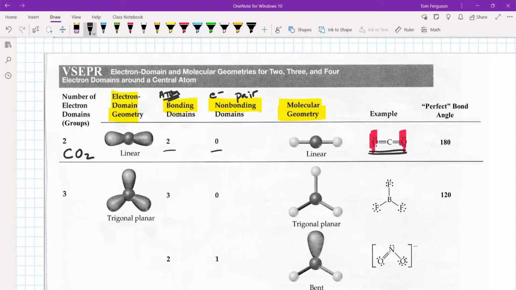So that means the molecular geometry is linear also. So in the case of two electron domains or two groups of electrons, the electronic geometry and the molecular geometry are the same, which is linear, and this is 180 degrees.